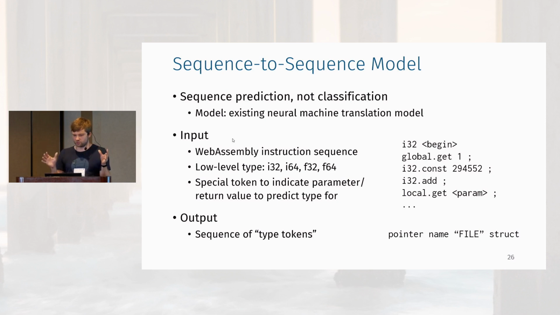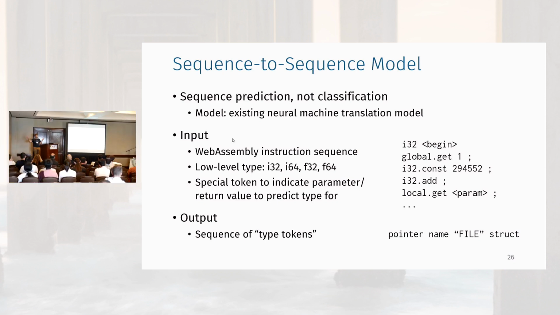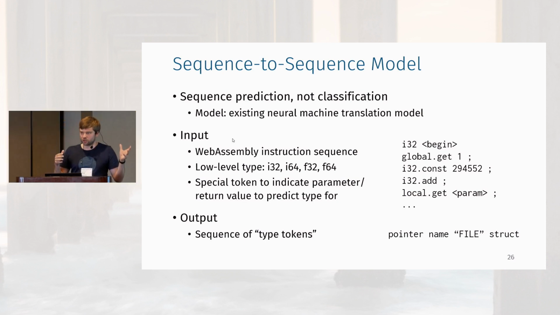So what we produce as output is a sequence of those type tokens, something like a pointer to a named type with a name file that is a struct, actually. And as input, we give the model a sequence of WebAssembly instructions plus some additional information, for example, this low-level type. So it's already available in the binary. Why not give it to the model as well as a token?